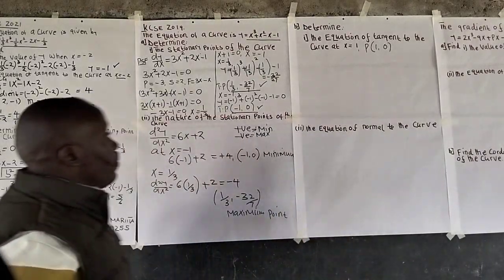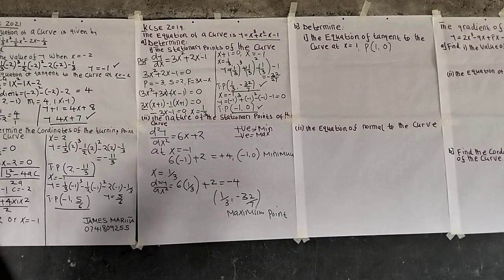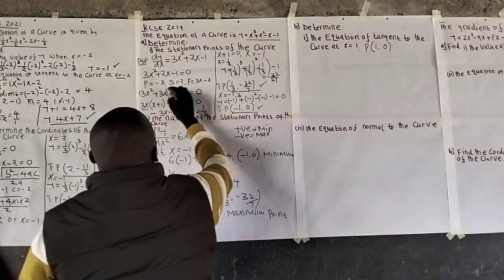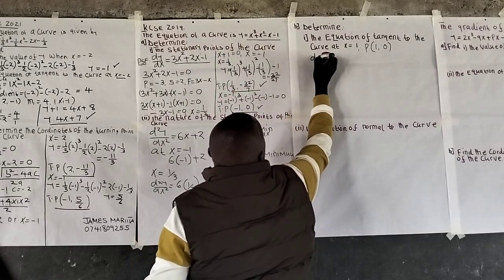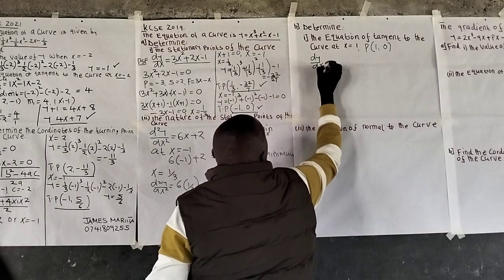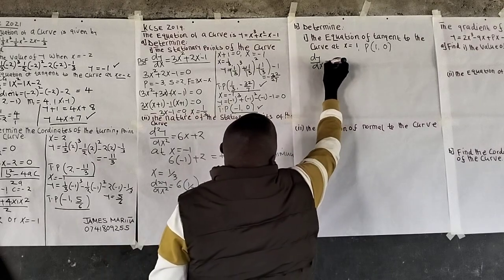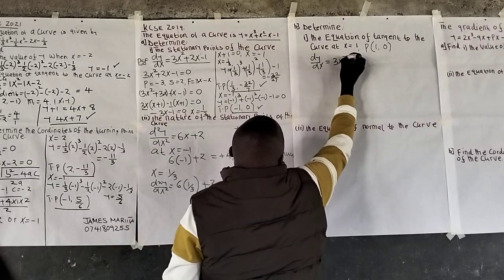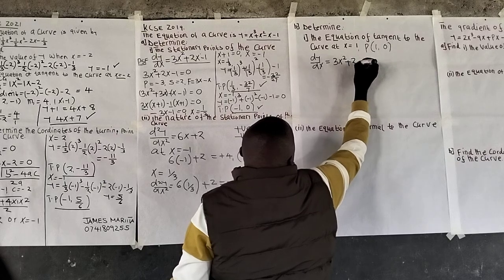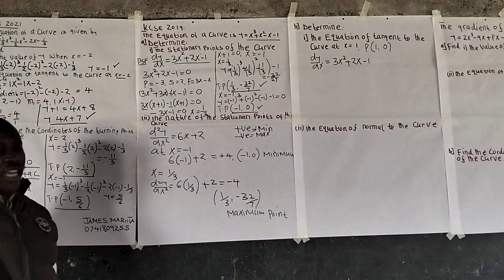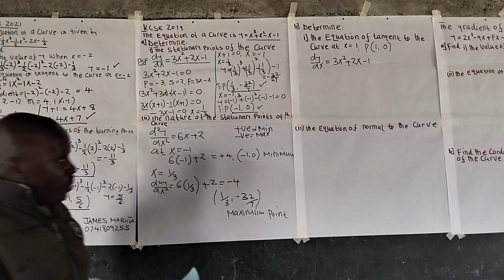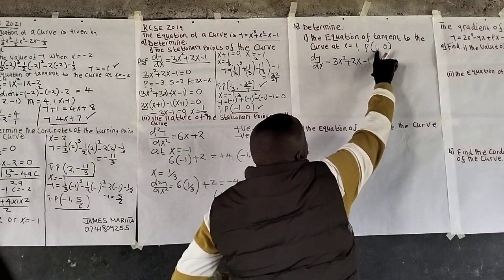To get the gradient now, we have our gradient function here, dy/dx, which is equivalent to 3x squared plus 2x minus 1. But the value of x here is equivalent to 1.